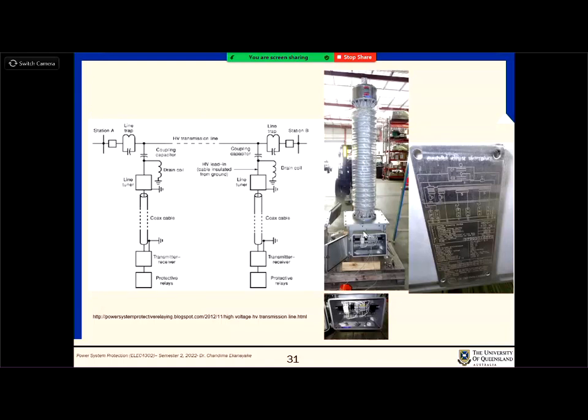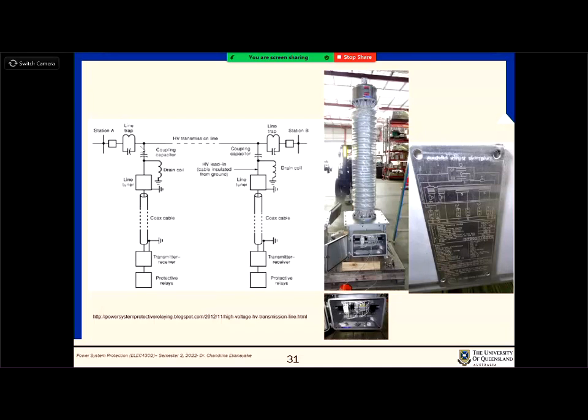And these are the terminal boxes where you have access to the secondary terminals, and not only that, communication terminals. So you can see here, this is the coupling capacitor, right? And under the coupling capacitor, you have something called a line tuner, and then using a coaxial cable, you connect it to the transmitter and the receiver, right? So that's the arrangement after this point.